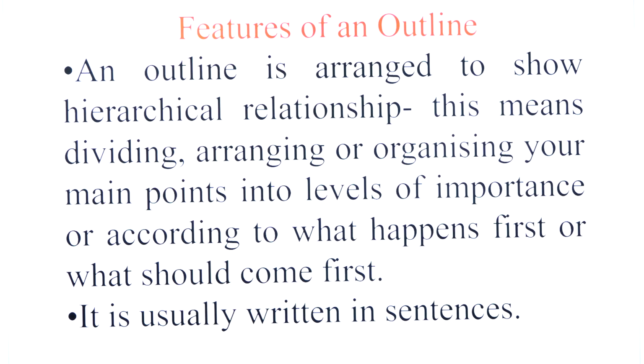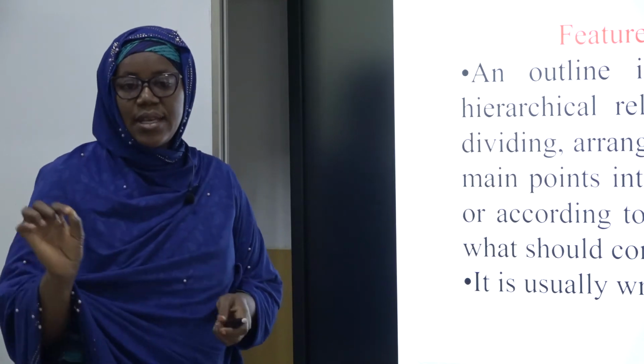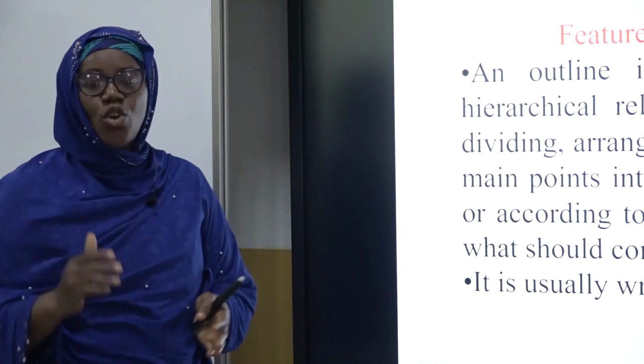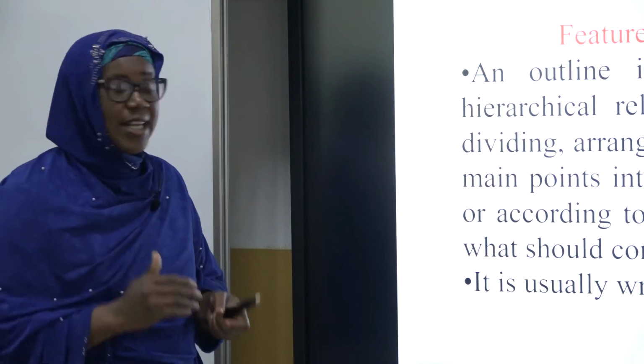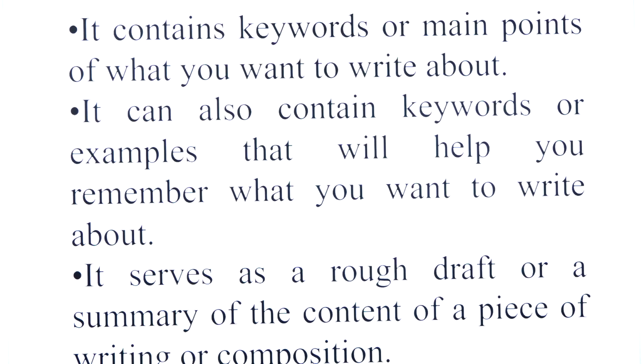It is usually written in sentences, not paragraphs or words. Your outline, at least, is a sentence. It is that sentence you develop into full-fledged paragraphs. It contains keywords or main points of what you want to write about. You have key points, then you develop them.